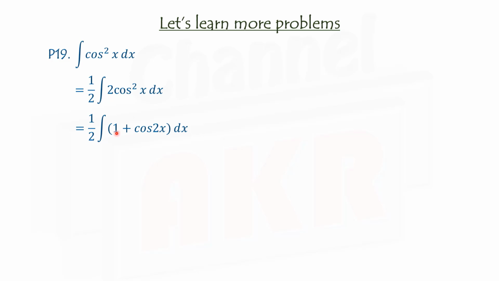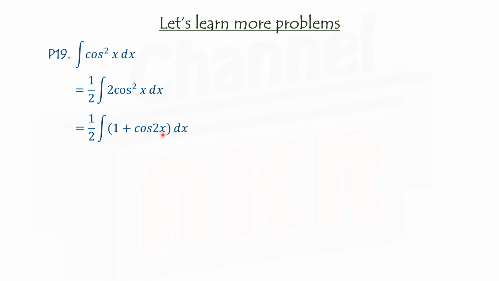Then let's learn more problems, more complicated but easy. Look, cos square x, we need a 2 to have a formula, so we write 2 and adjust it by 1 by 2. So 2 cos square x is actually 1 plus cos 2x.